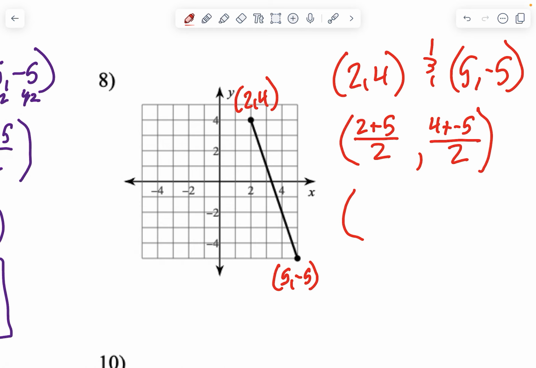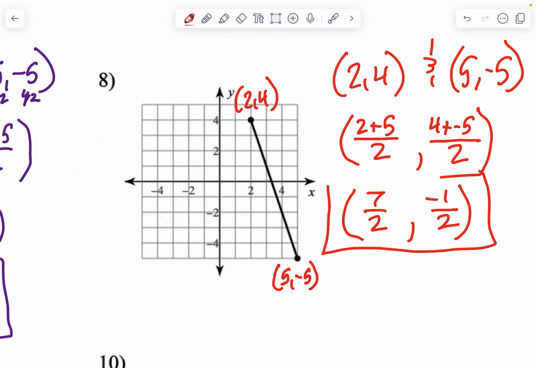So that's going to give me 7/2 and a -1/2. Now both those are odd numbers there, so guess what? I can leave that as my answer. If you wanted to use decimals, this would be 3.5, comma, -0.5.